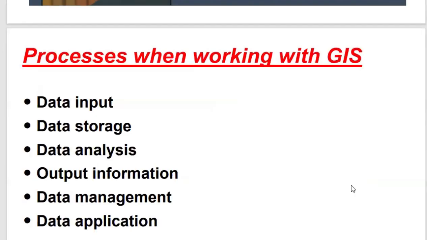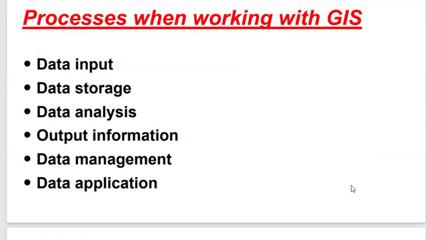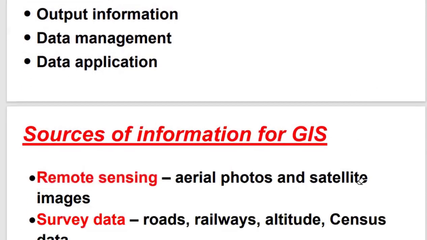After analysis of data, we can now output information which is more useful, which has been made to suit specific needs, and which is more understandable now, unlike raw data. Then we have data management. We're also going to look at how we manage our data. And then we have data application. Those are some of the processes that we have.